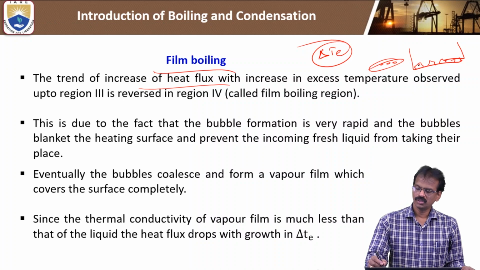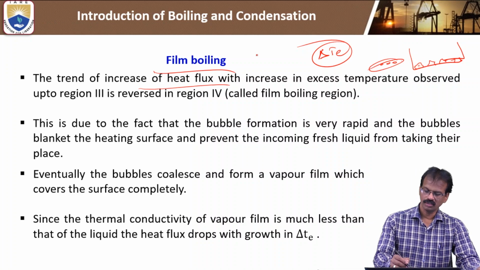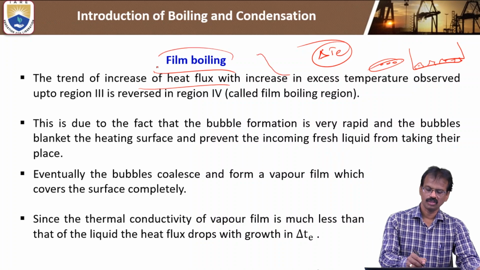Due to these pockets, the conductivity is very low. The heat transfer rate will decrease because the resistance of these pockets is very high. So automatically the heat flux will decrease in film boiling.